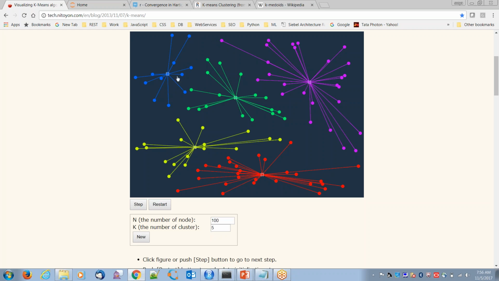And this blue has also shifted. So maybe now this data point which initially belonged to this purple cluster might move to one of the green or the blue cluster based on the new cluster centers, right? So let's visualize that step. See, this point moves to the green cluster. Like that some points move from one cluster to another.